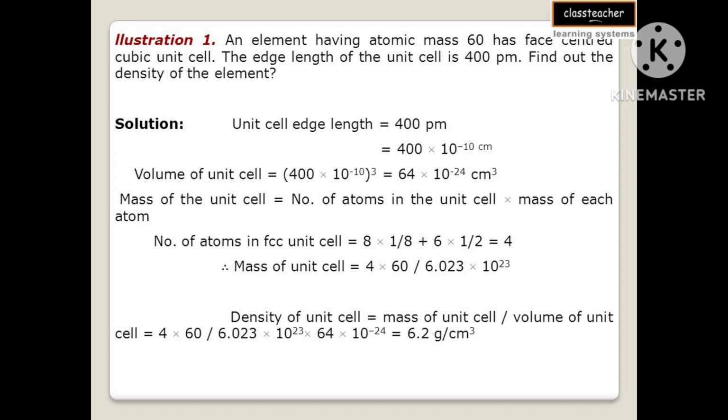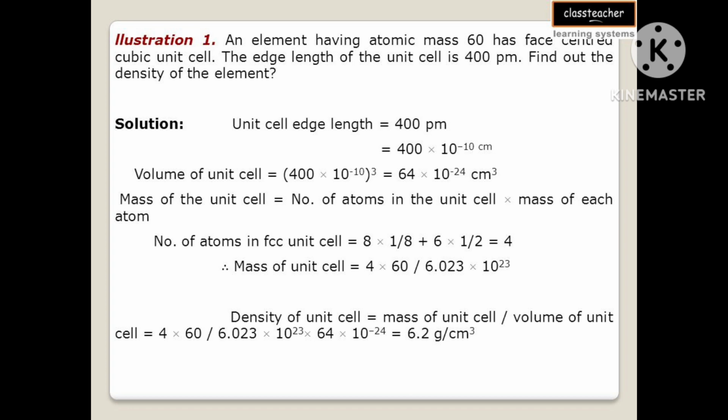After solving 288 into 10 to the power minus 10 whole power 3, it will convert into 2.39 into 10 to the power minus 23 cubic centimeter. Now you know the volume.